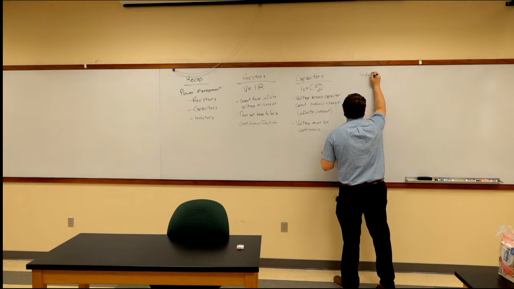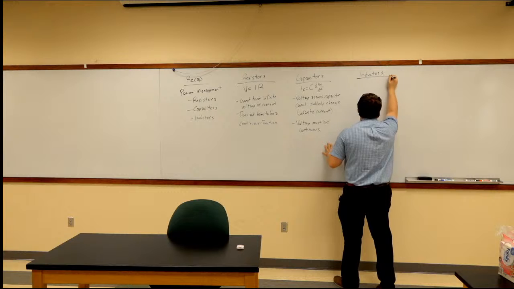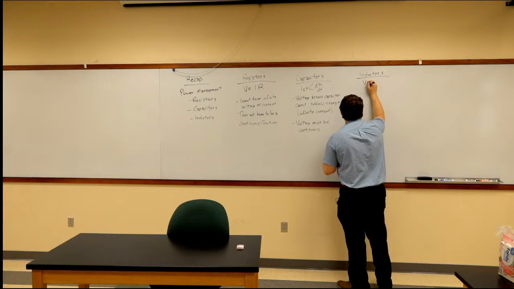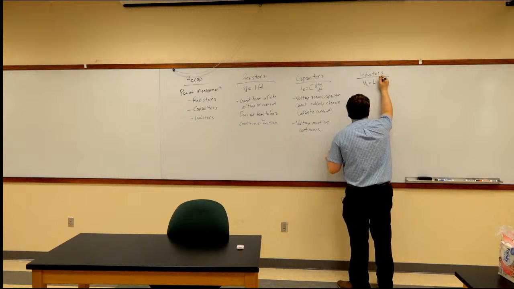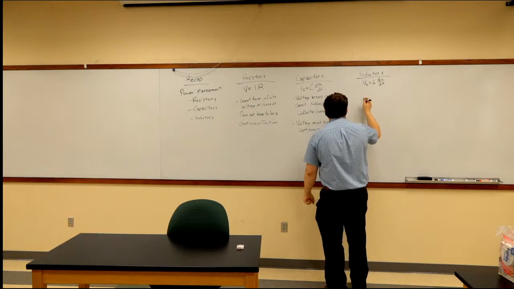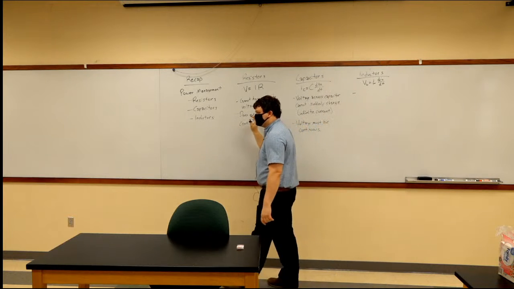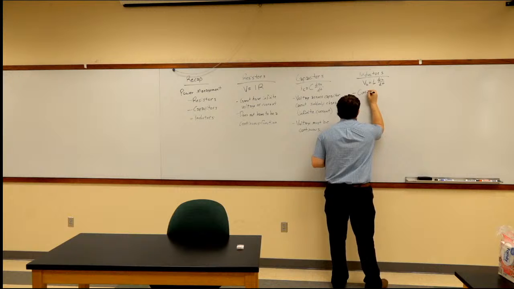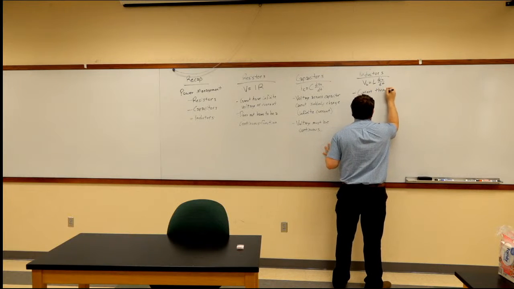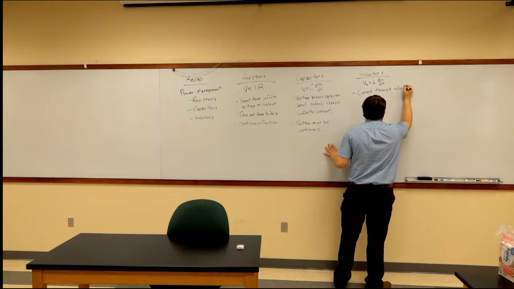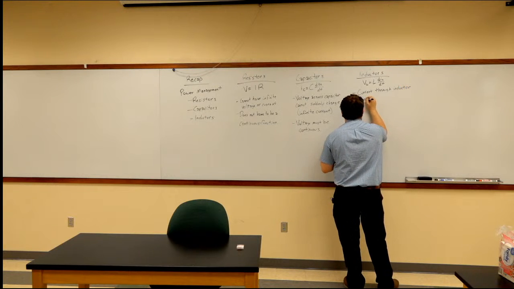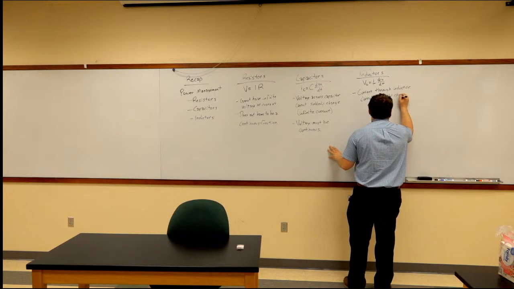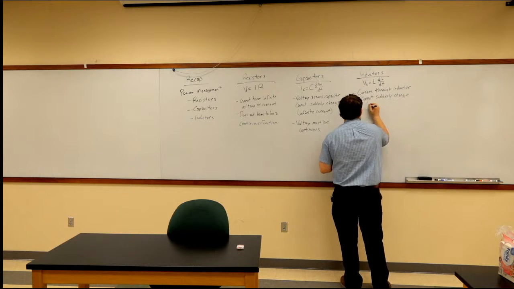Last component is inductors. Okay, inductors live by the guiding function VL equals L dIL/dt. Here, the voltage across the capacitor cannot suddenly change, but the current through the inductor cannot suddenly change, because by doing so, it would create an infinite voltage.